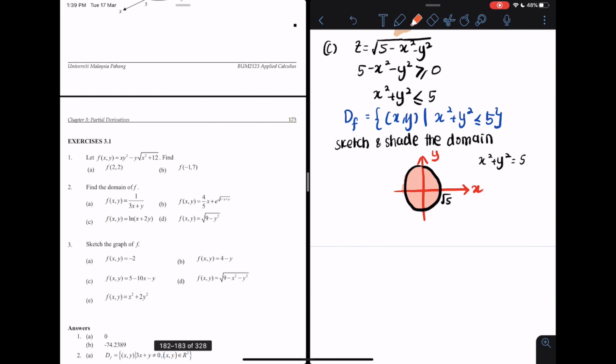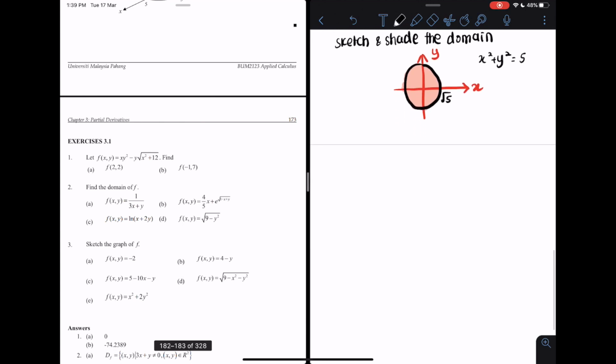And I think maybe we can try to look at exercise 3.1 and try to answer a few questions.